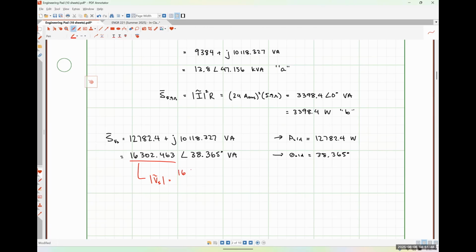So if we do 16,302.463 volt amperes divided by 24 amps RMS, I wound up getting a voltage of 679.269 volts RMS.